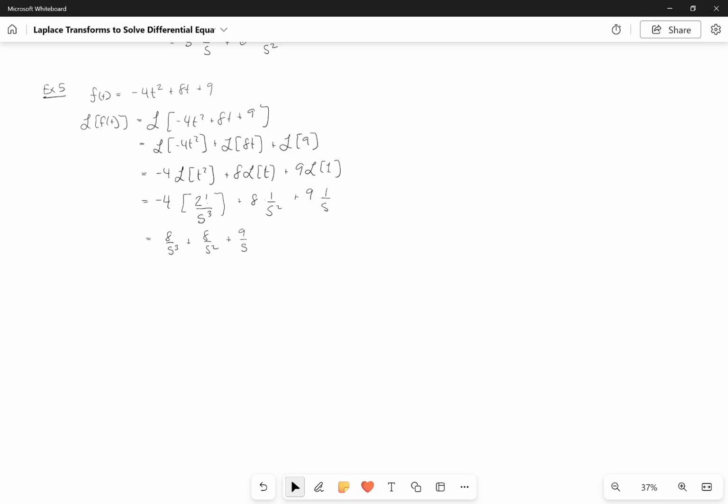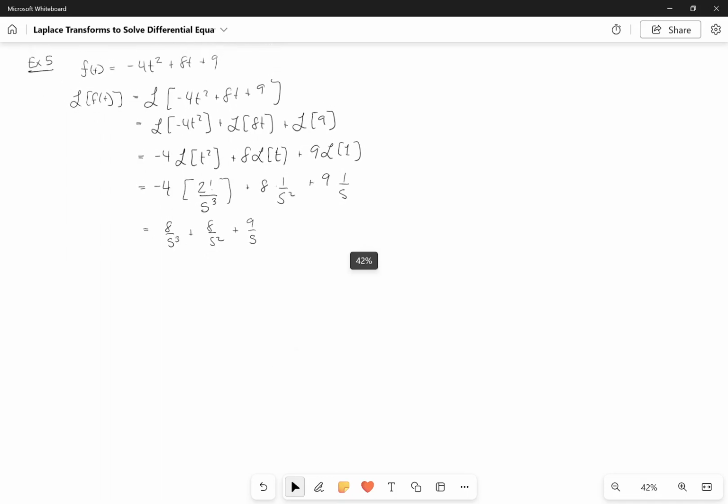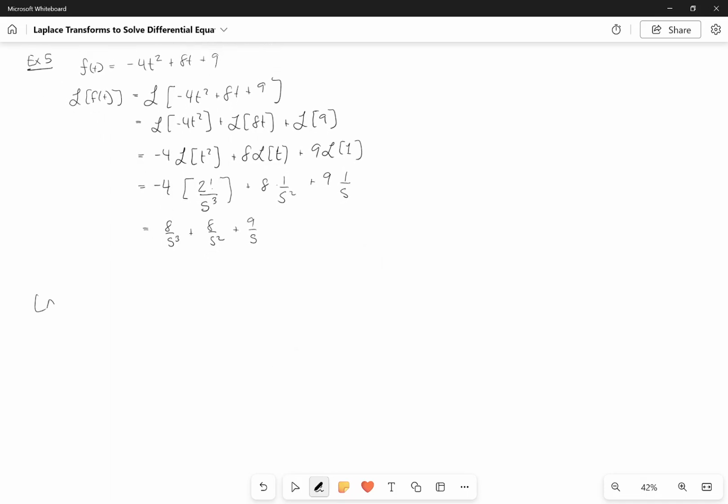Okay, so the thing we need to learn first is what is the Laplace transform of a derivative? So, Laplace transform of a derivative.